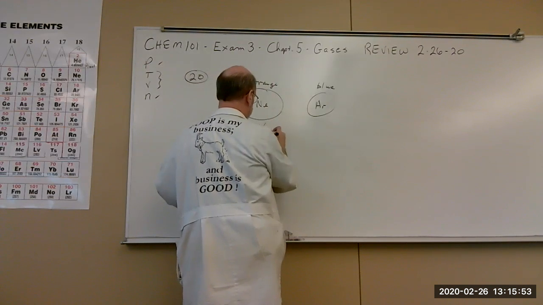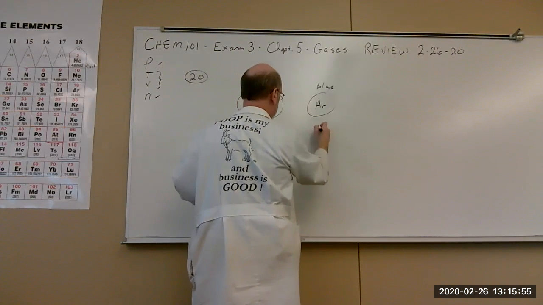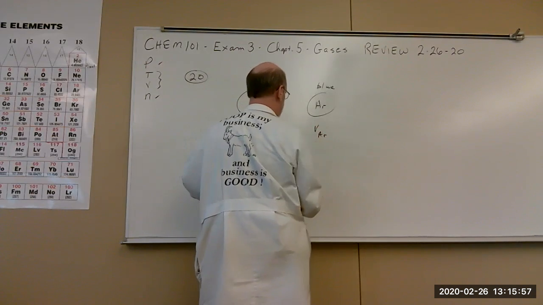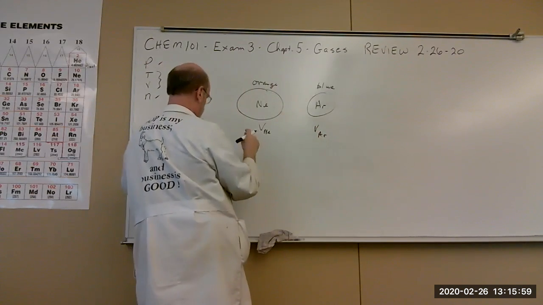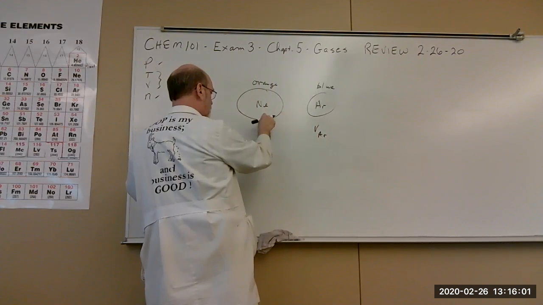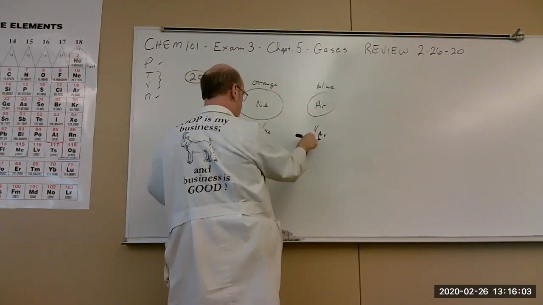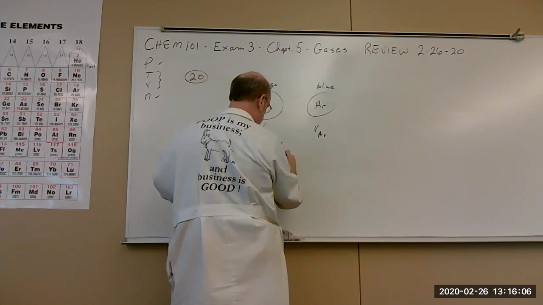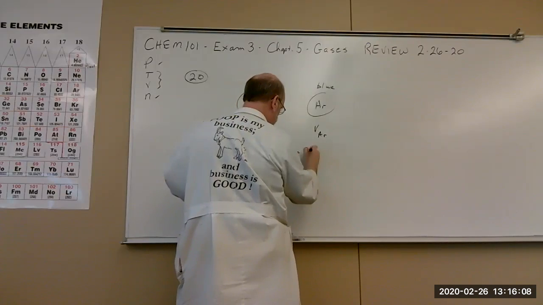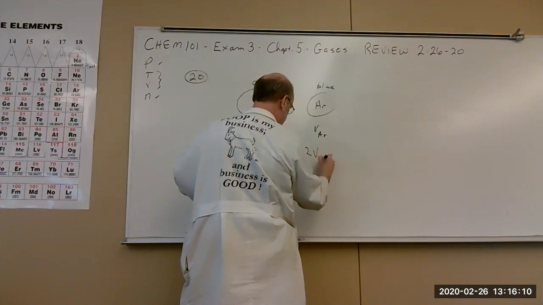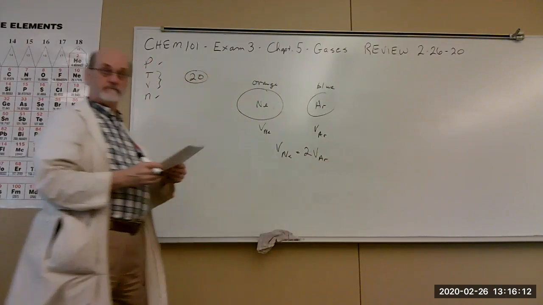So that's volume of neon. This is volume of argon. And this one is twice the size of that one. So that means this one equals twice that one.